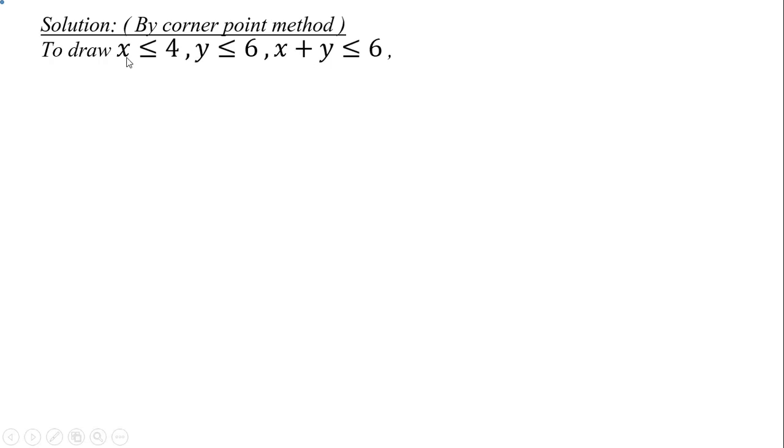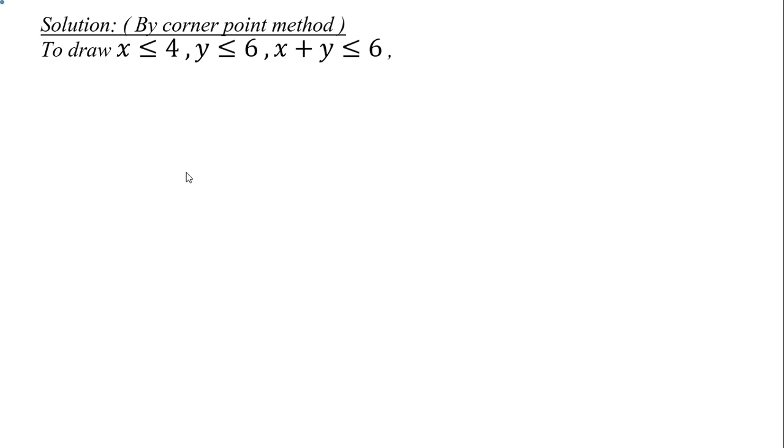So first we will draw these lines x is equal to 4, y is equal to 6 and x plus y equal to 6. Now to draw a line, we require 2 points on that line. So to get the 2 points, a simple method is to find x-intercept and y-intercept.